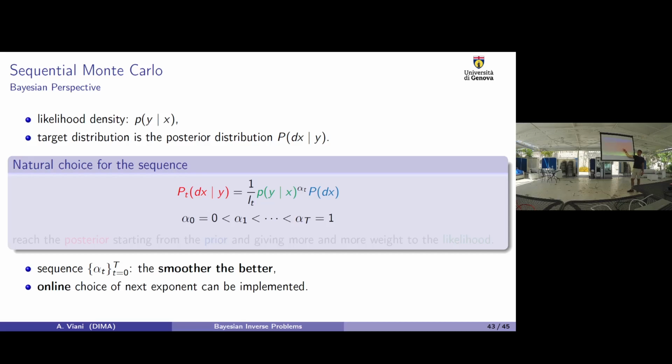So we are passing from the prior to the posterior using the likelihood. What does it mean? We start in a model where we know only what we think we know about the unknown, and then we add the information coming from the data, because the likelihood gives us the information of such a configuration given the measured data, and we weight this information more and more.